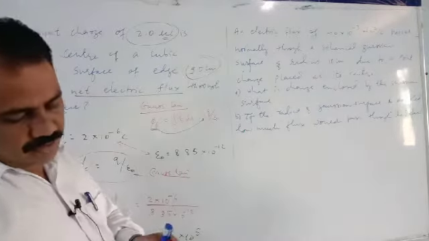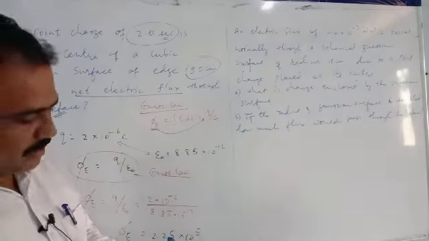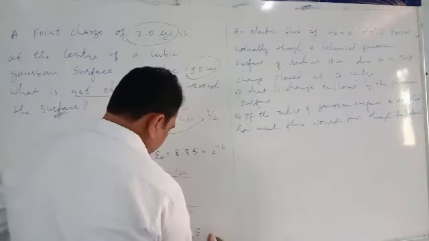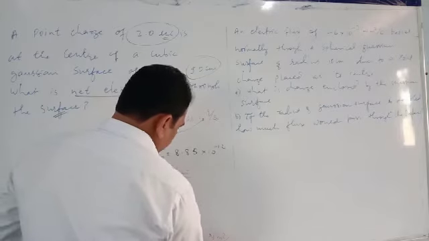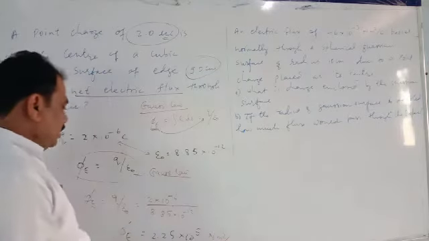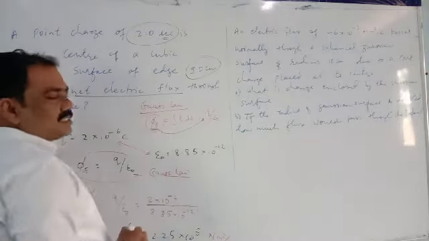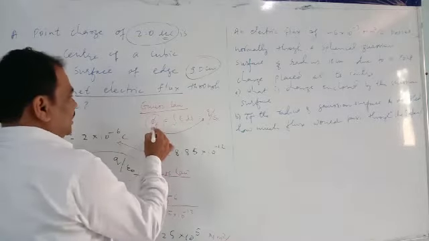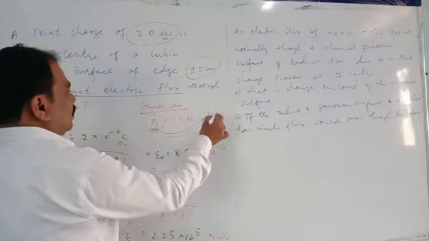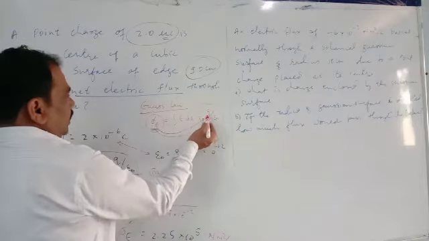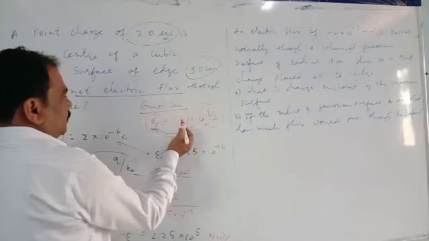It is measured in Newton meter square per coulomb. Why? Because electric flux is equal to Q by epsilon naught according to Gauss law, but we can also write it as the integration of E dS.